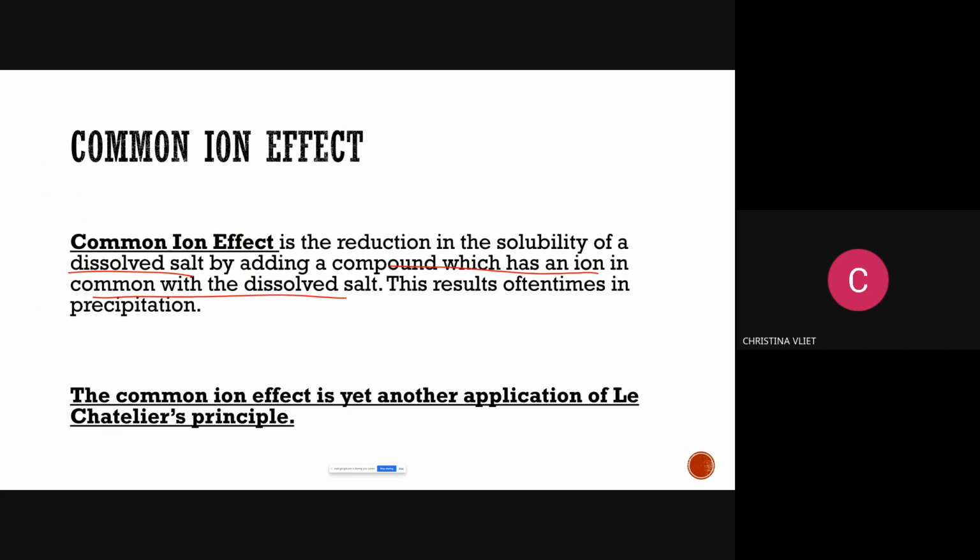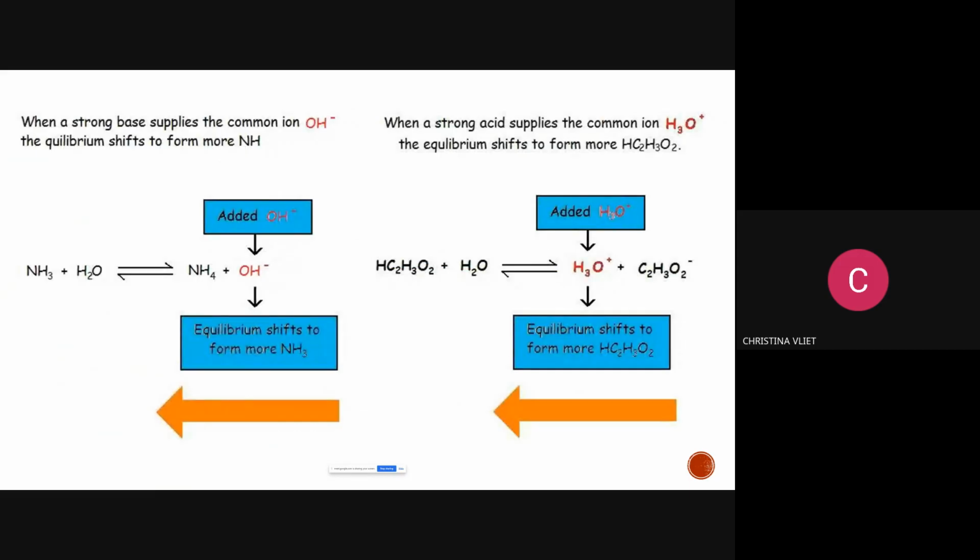I have a demonstration at my table, and then we'll talk about the math afterwards. So this one right here is actually the demonstration I'm going to show you. If I have this equilibrium and I add a base to this equilibrium, the reaction will shift to the opposite direction.